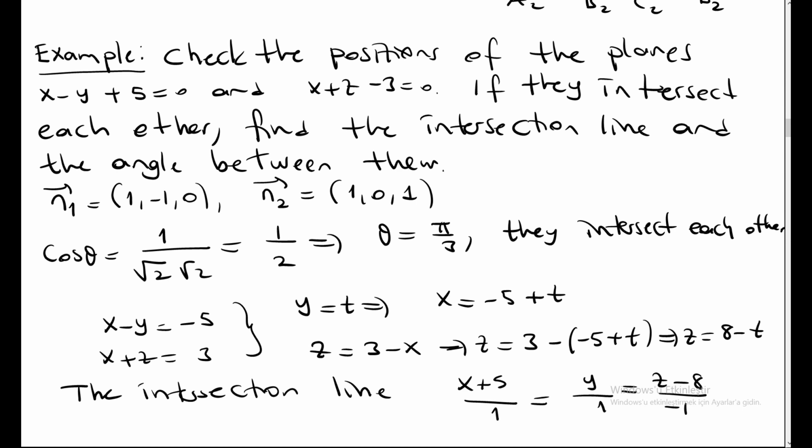Okay, we continue with properties of the planes and the lines. So now the bisector of two planes. So what does it mean? You have two planes.